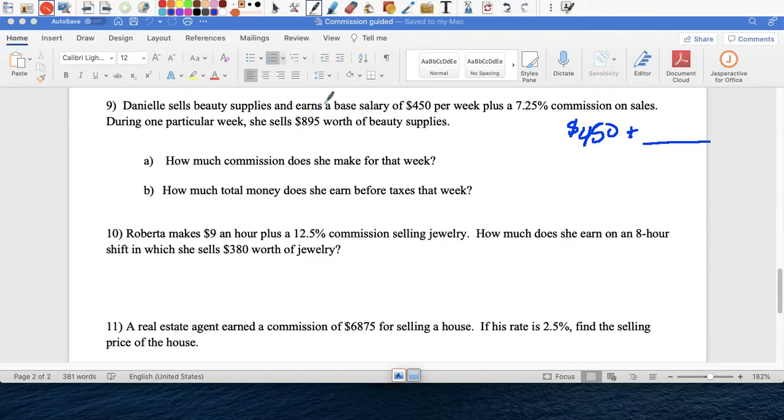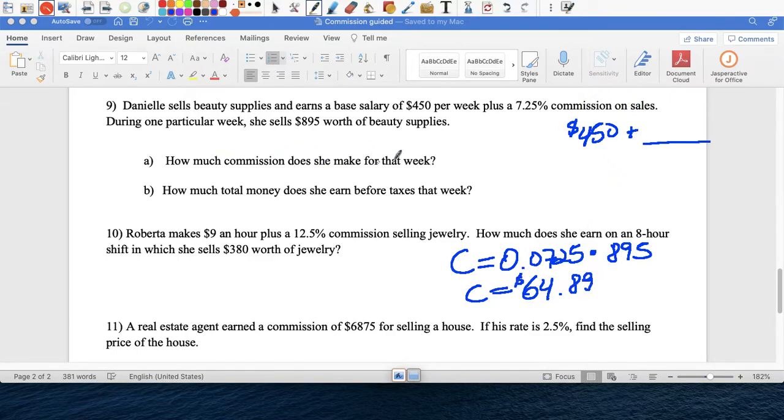She's going to take 7.25% of that. So let's figure that out. Commission is 0.0725 times the sales, in this case 895. So 0.0725 times 895. From her sales of $895, her employer is going to give her $62.89.